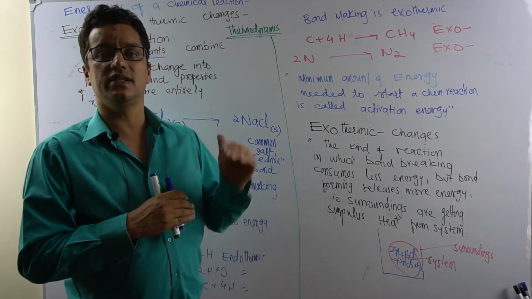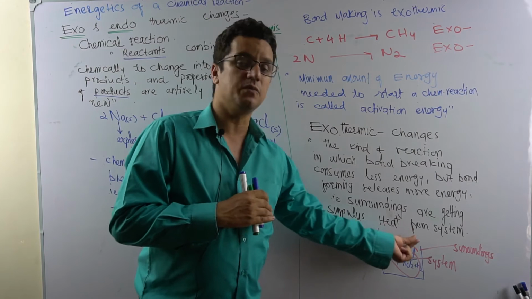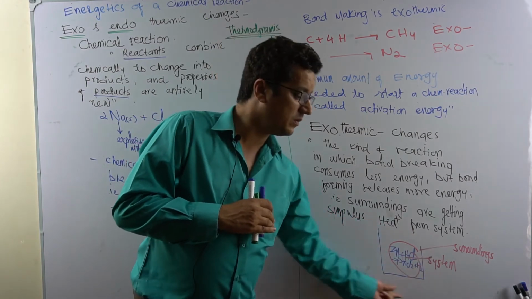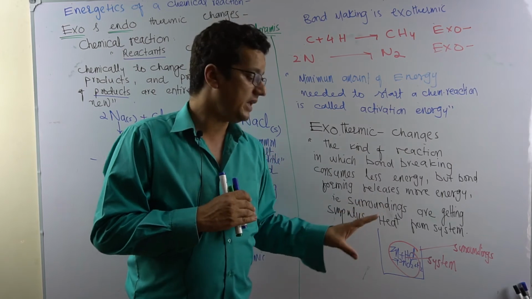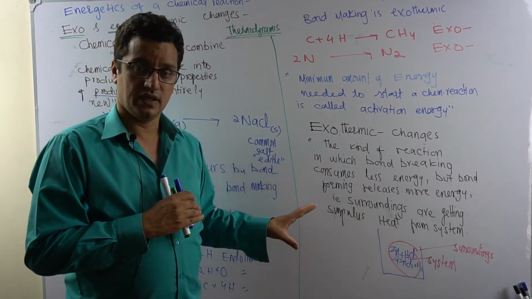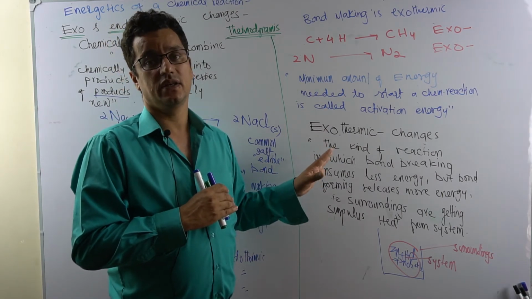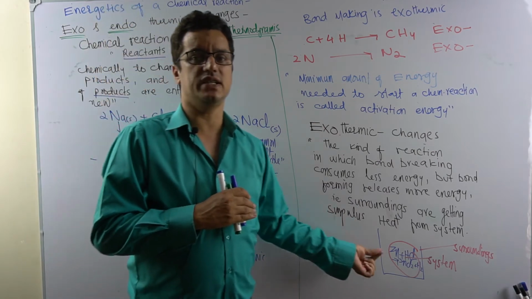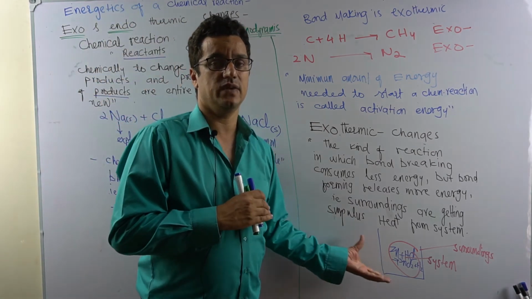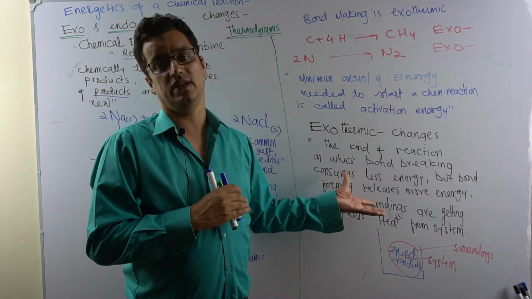Surroundings at a higher energy level mean surplus energy is being gained by them, meaning input is less and output was more, surroundings are warmer, and in that case we call it exothermic. On the other hand, if it is endothermic, then bond breaking has consumed more energy and bond making is releasing less energy. So surroundings are being depleted of energy constantly, that is why they are getting cooler, and an endothermic reaction needs a continuous supply of energy.